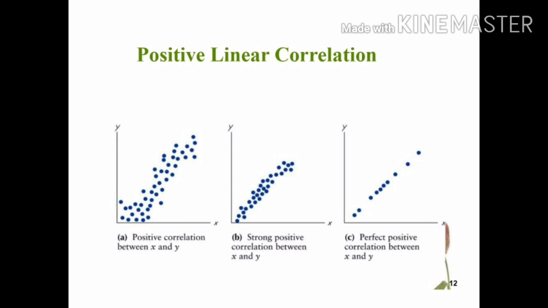This is the perfect positive correlation because the points come to form a straight line, and if the data points make a straight line going from near the origin out to high y values, the variables are said to have a positive correlation.